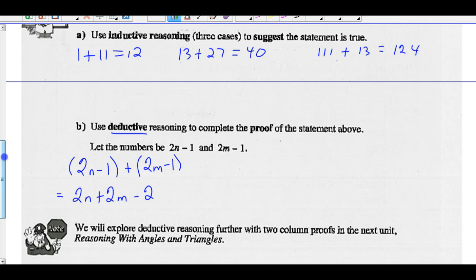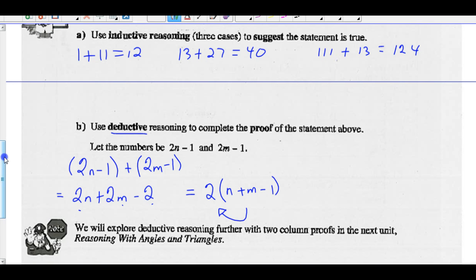Well, if you remember how to factor this statement, these 3 terms have a common factor of 2. So if I factor out a 2, I get 2 times n plus m minus 1. Every term here is divisible by 2. Now it doesn't matter what n is, and it doesn't matter what m is if they're both natural numbers. Whatever number I get in the brackets, whether it be an even number or an odd number, once I multiply it by 2, that's going to make it an even number.